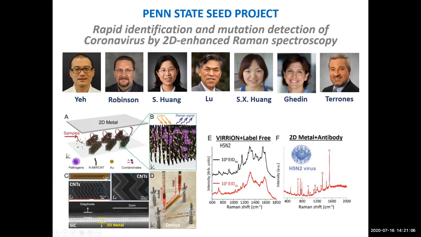It's a 1 atom thick layer of silver, which is capped with epitaxial graphene. And when we did this with the H5N2, we could see the signals were much sharper and more distinct compared to the normal device that I presented.